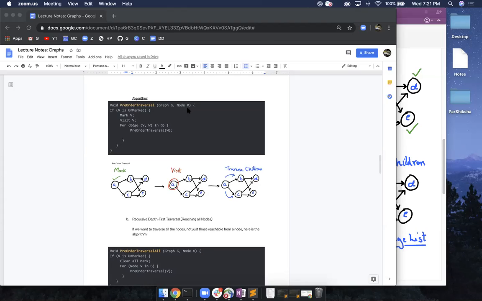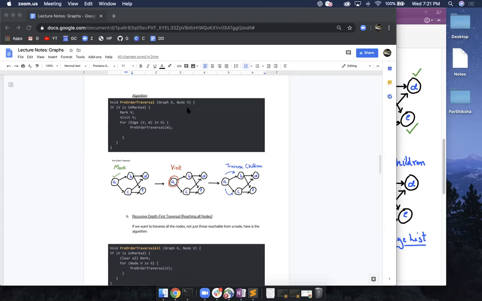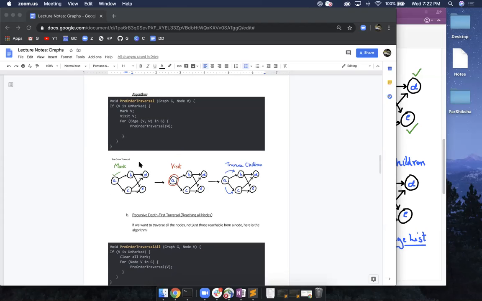So let's take a concrete example that will give a better idea. Essentially, let's say in this particular graph, you were given that you need to figure out what is the set of nodes that can be visited if we just start from A, right? So that's the question. The algorithm says that you can start by visiting A. So you just mark A as something that you've seen.